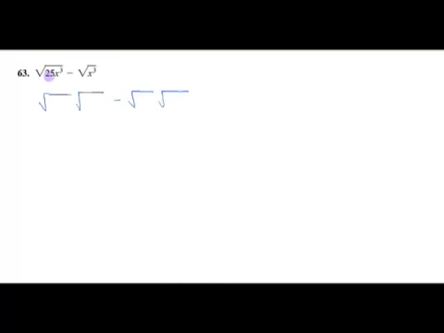That gives me 25 is 5 squared. X cubed can be broken up as x squared and x in the leftover radical. Then x cubed is x squared and x in the leftover. Now simplifying the first, I have 5x square root of x minus x square root of x.